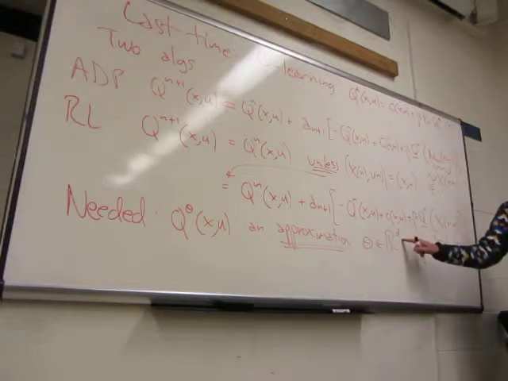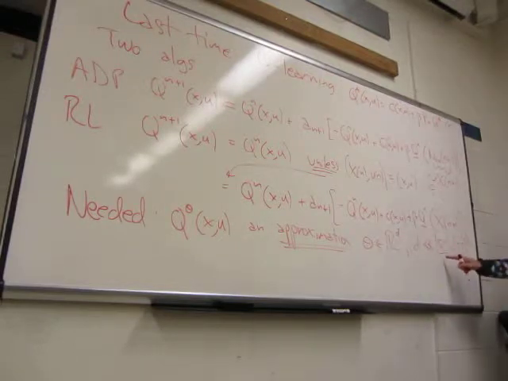So it's like a parameter in some d-dimensional space where d is much less than the number of states times the number of actions.